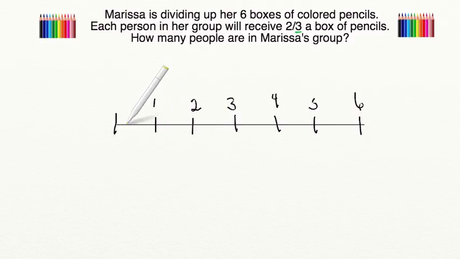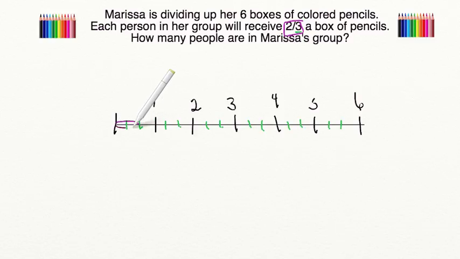Now we know that we're going to be dividing our number line into thirds. So I'm going to divide each of my sections into thirds. And then we can go ahead and group 2/3 together at a time. So I've now split my number line into thirds. Now I need to group 2/3 at a time.